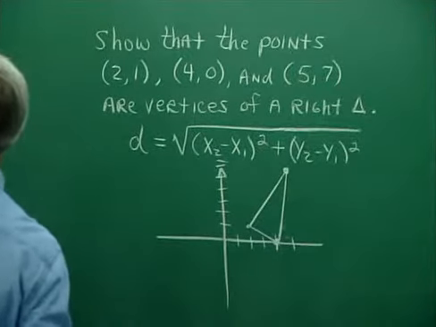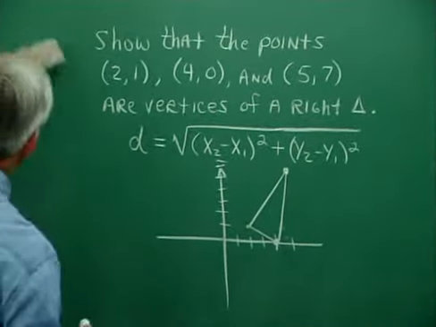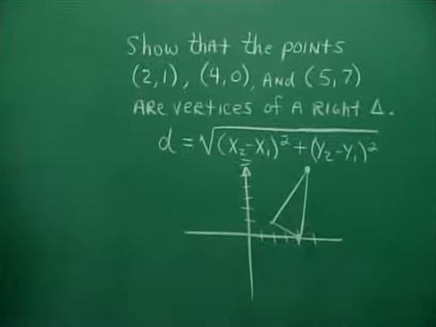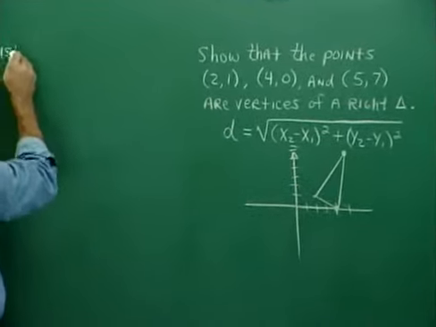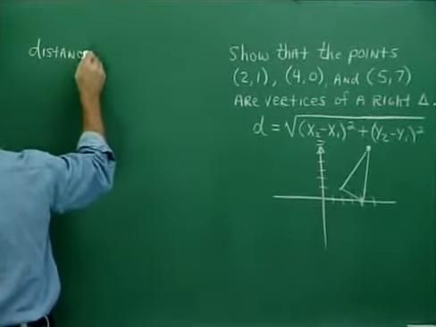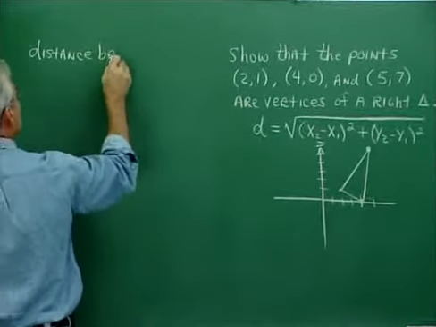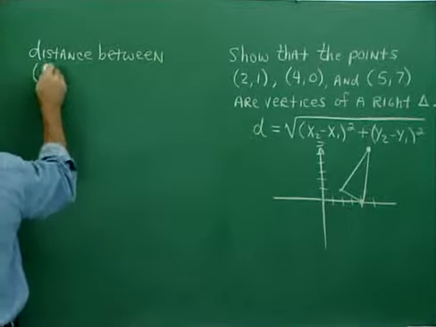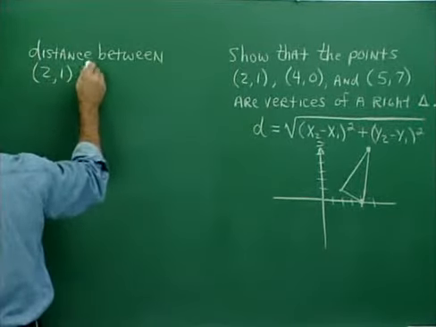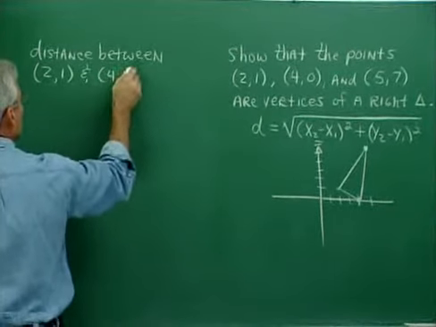So we come out to the side, and we say, we're using that formula, and we say, I want the distance between, let's see, 2,1 and 4,0.